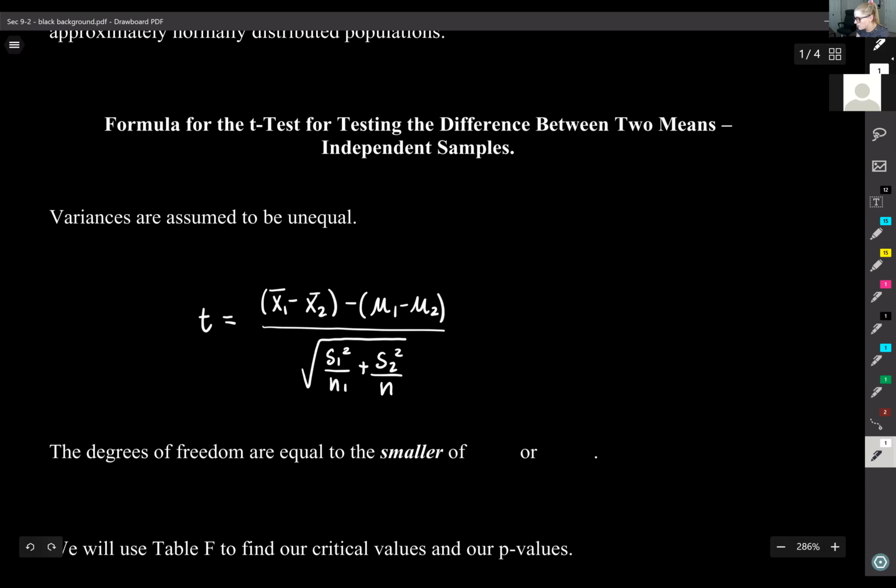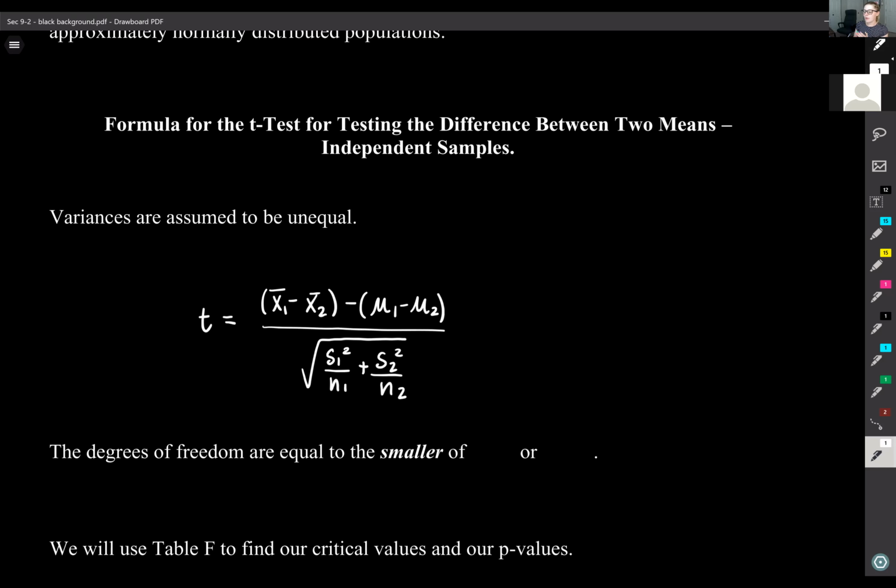I want to briefly explain what all these things are in this formula. x1 bar and x2 bar are the sample means of your two different samples, x1 bar being the sample mean of your first sample and x2 bar the sample mean of your second. We have mu1 minus mu2, but I'm going to explain this when we hit our first example, because mu1 minus mu2 is 0 whenever no difference in the population means is hypothesized.